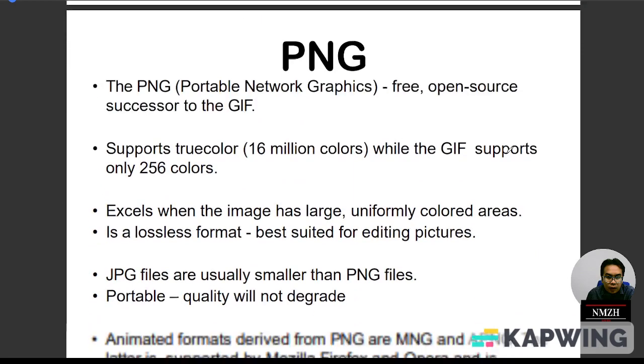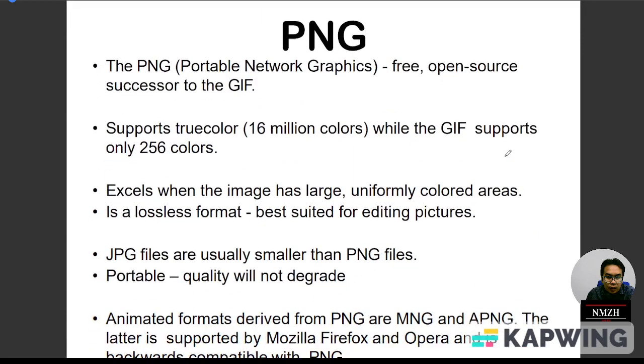Okay, right. So PNG, portable network graphics, is commonly used lately, I think, compared to the JPEG because it is open source. Okay, so they have a 256 color palette. It is lossless. Okay, best suited for editing pictures, and for large and uniform color areas.